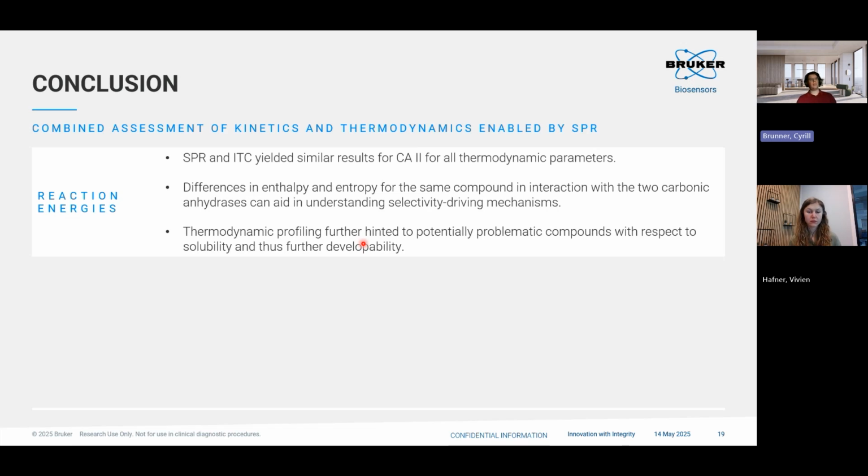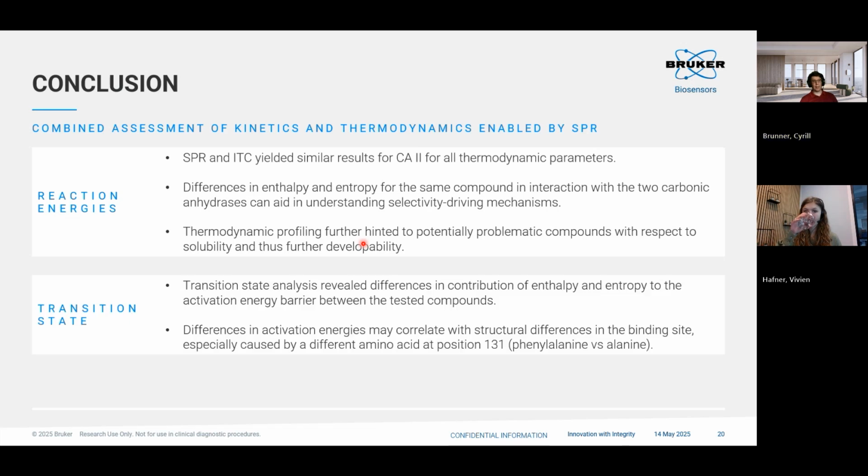And actually there we started to understand which components, so whether it's enthalpy or entropy, might add to a selectivity driving mechanism. Third, the thermodynamic profiling that we did hinted also towards a compound, in this case celecoxib, having a relatively poor entropy-driven profile. And this can also already be a hint towards a problematic compound for further developability.